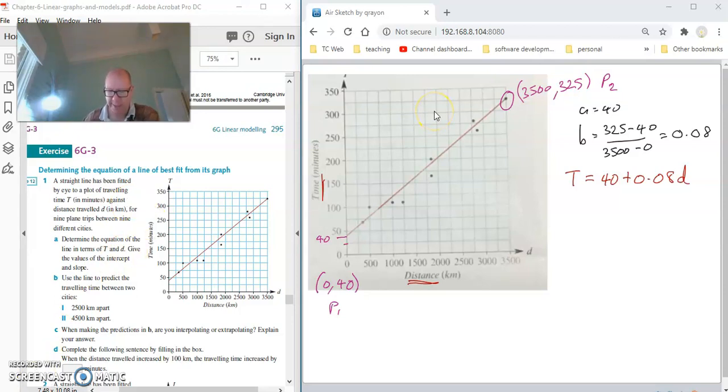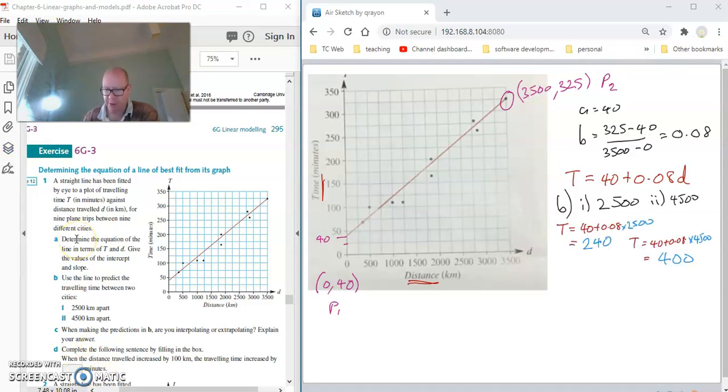Okay, so the next part of the problem is to use this equation. So part B, we're saying use the line to predict the travelling time between two cities. Okay, so one city is 2,500 kilometres apart, and the second is 4,500. All we have to do here is substitute these values in as our distance. Okay, so let's do that quickly.